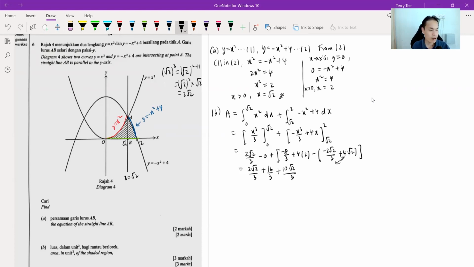Okay, so it's very long. I need to simplify this. Sorry, there is a mistake here. There's a negative here, so I made a mistake.